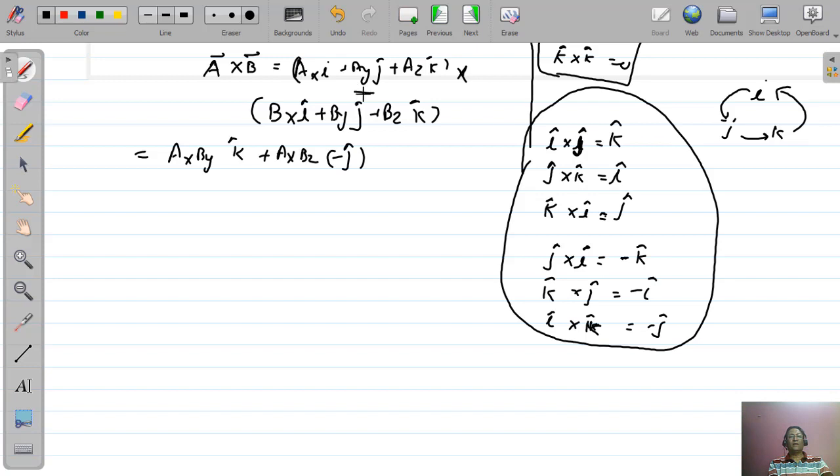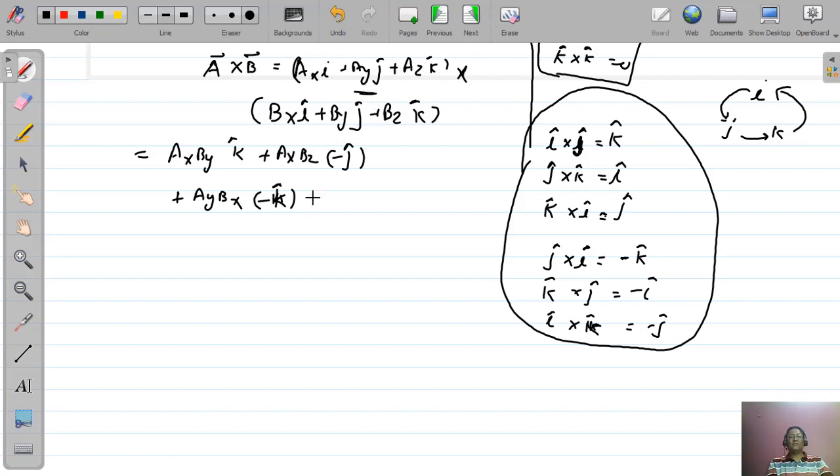Then take ay j with bx i. That means it will give ay bx j cross i. j cross i gives minus k. Then ay by j cross j is 0.